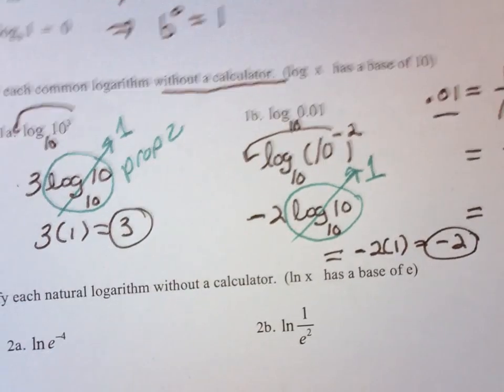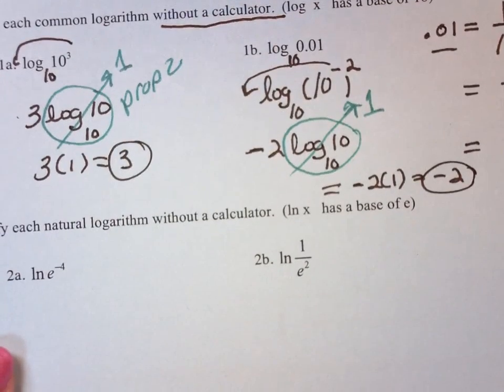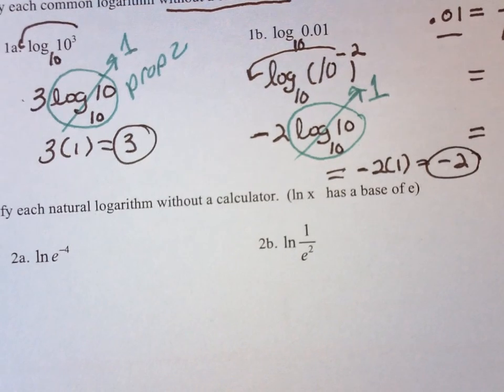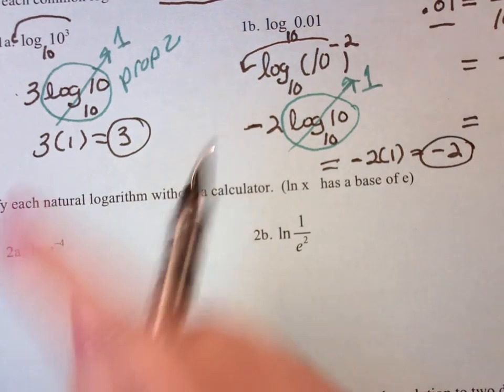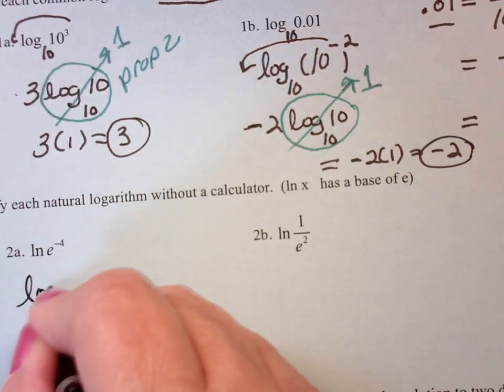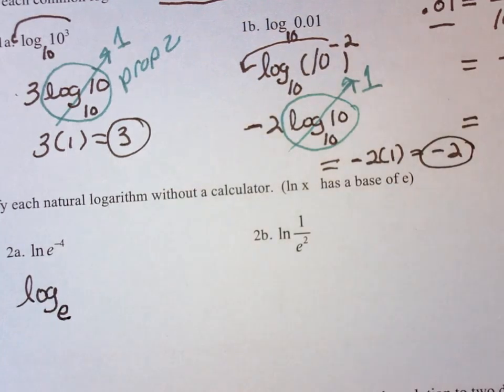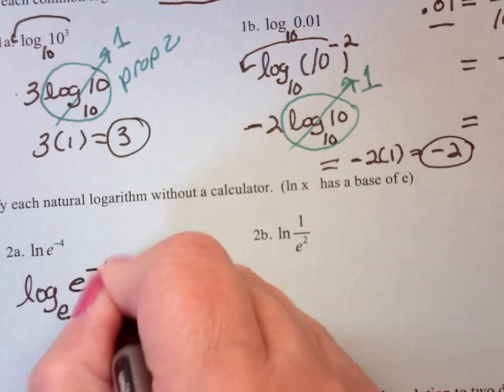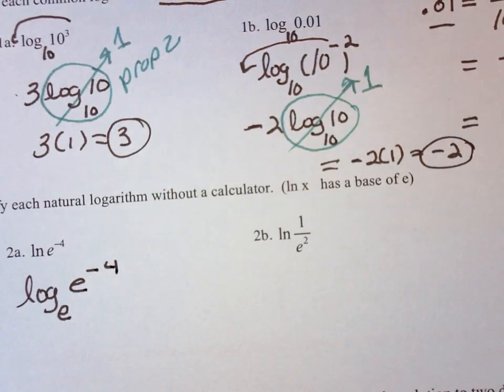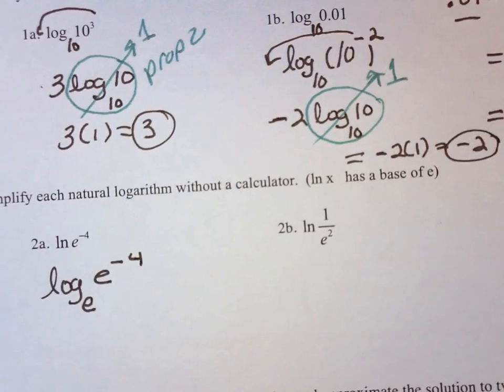Now we get to play with e. The only good thing about this is it's going to force you to start rewriting natural log in terms of its base, so you get used to the fact that natural log is base e. Because this becomes log base e, that's natural log, of e to the -4. And this we're going to run into in equation solving.